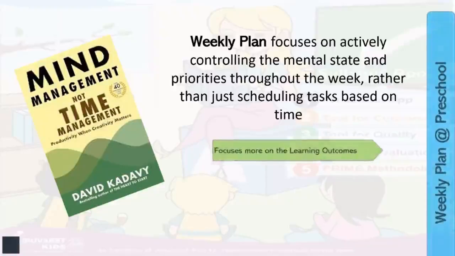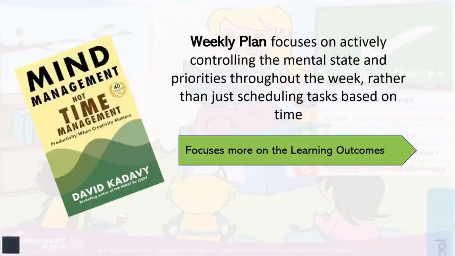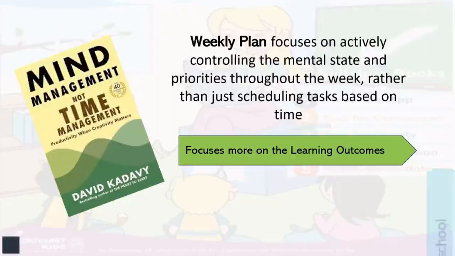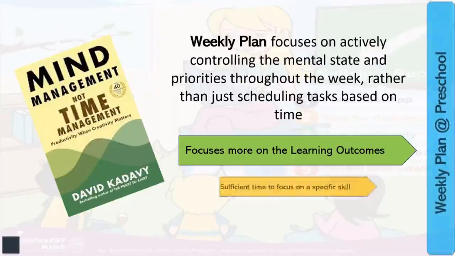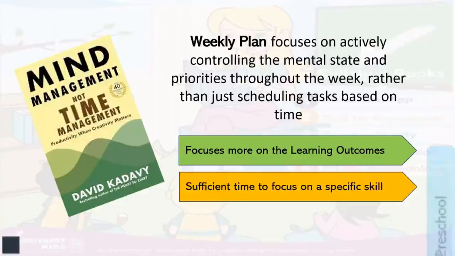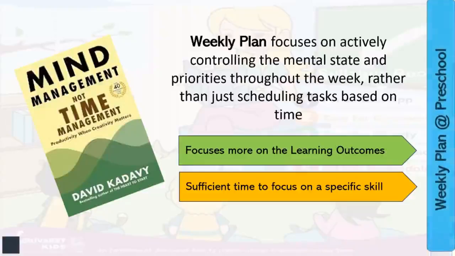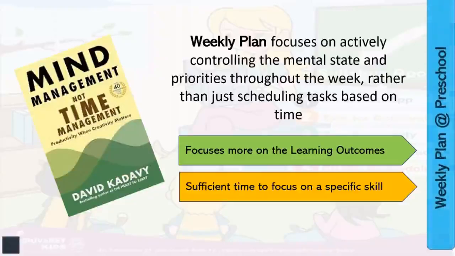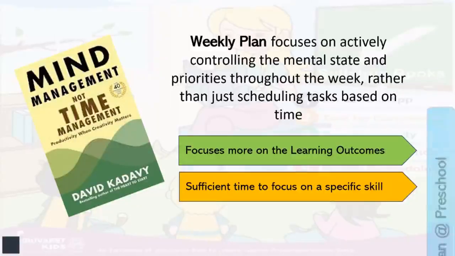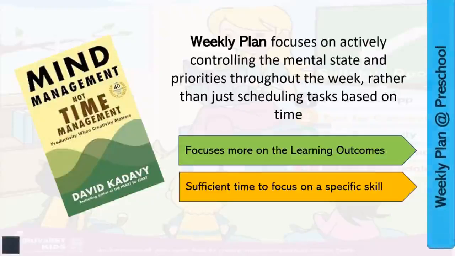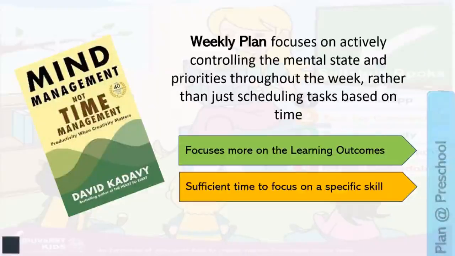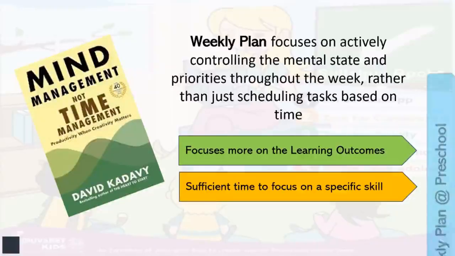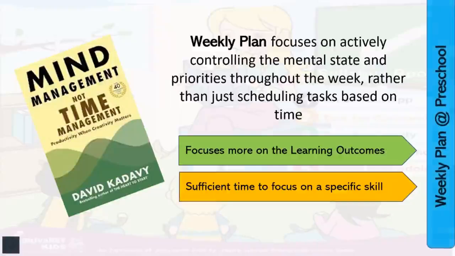The learning outcome is given utmost priority when we work on a weekly plan for preschools, and then sufficient time is available to give importance and focus to a specific skill. Skill building is a complicated activity, and if we do not give specific and focused attention to a particular skill, then the intensity of building that skill will be ineffective.